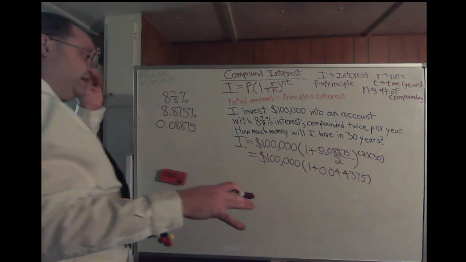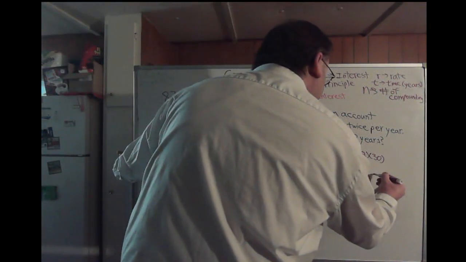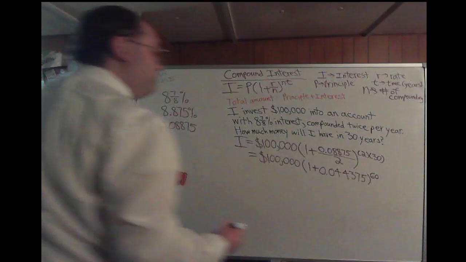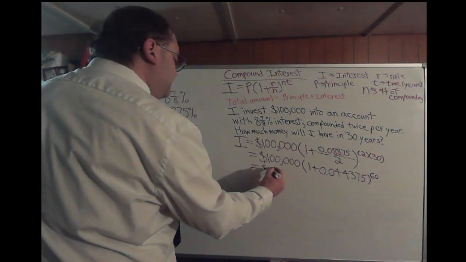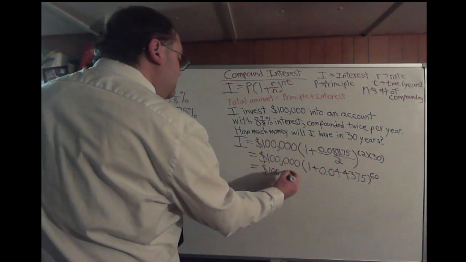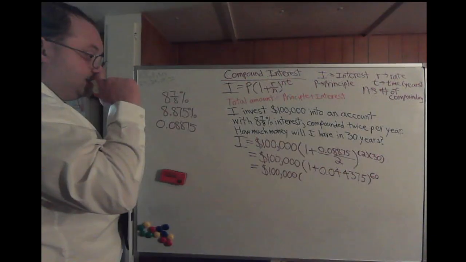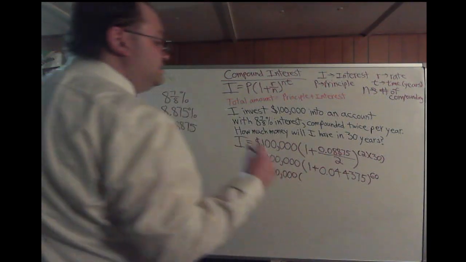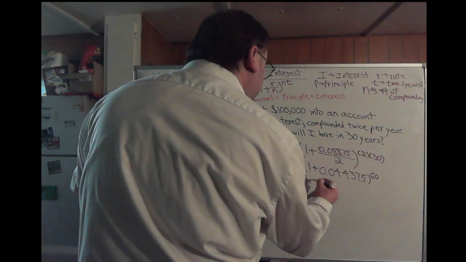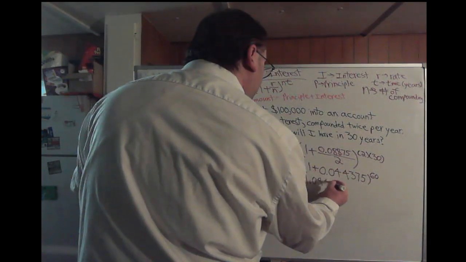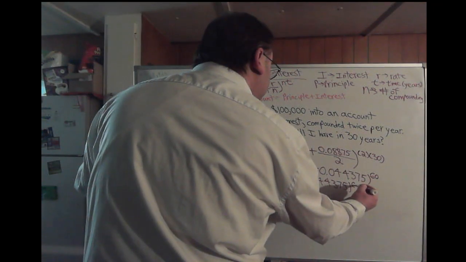Now we need to figure out what our exponent is going to be. We have 2 times 30, which is 60. So this will be raised to the 60th power. Now let's take care of what's in parentheses. We have the $100,000 on the outside, times 1 plus 0.044375, which gives us 1.044375. That whole thing will be raised to the 60th power.